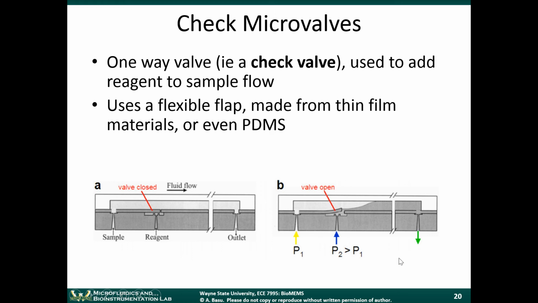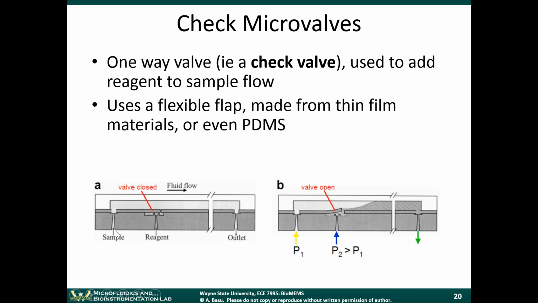Now this is a relatively crude device that's just mixing two fluids, but it does show the operation of what a check valve can do. The way this check valve would be fabricated, well, I don't have a diagram of the fabrication here, but this was done using surface micromachining.